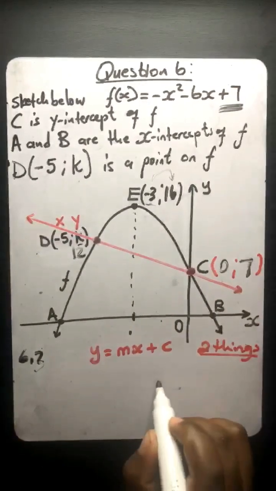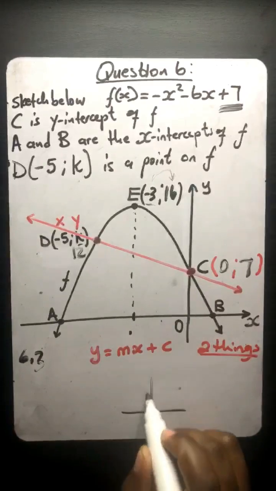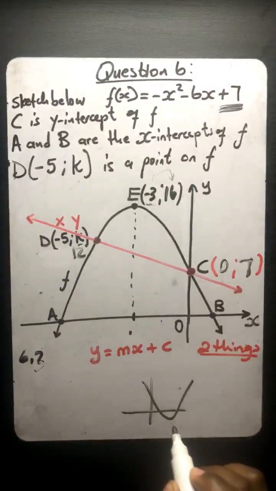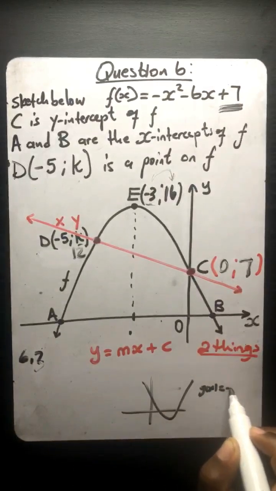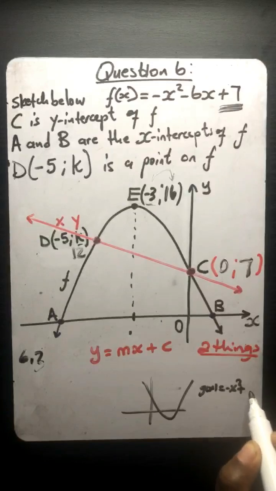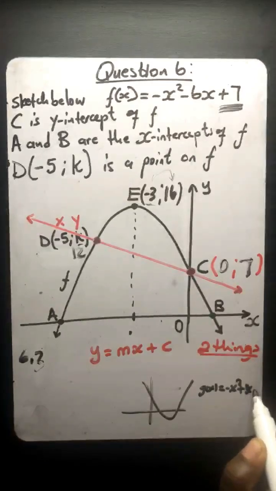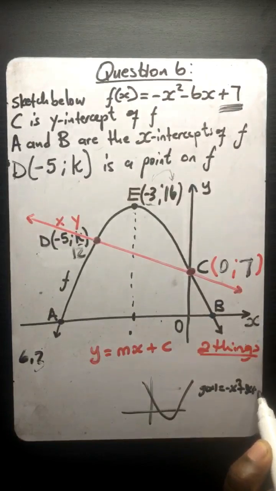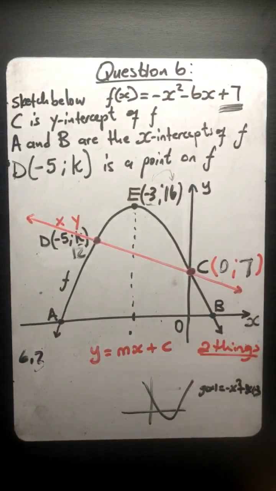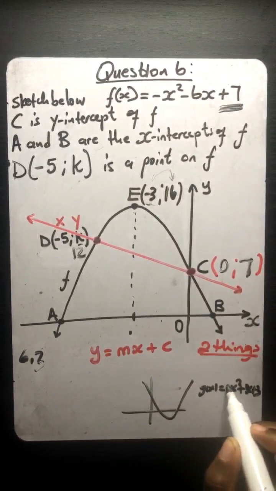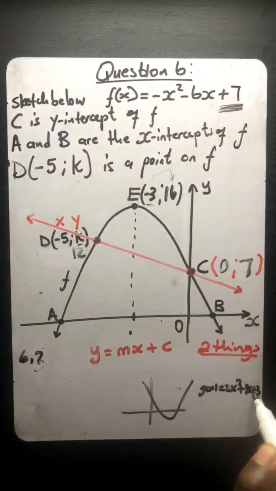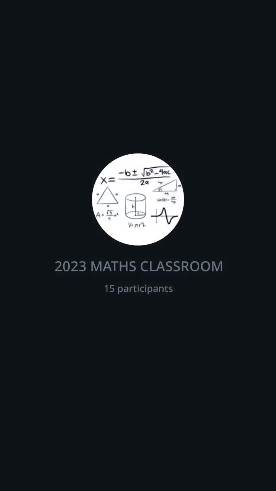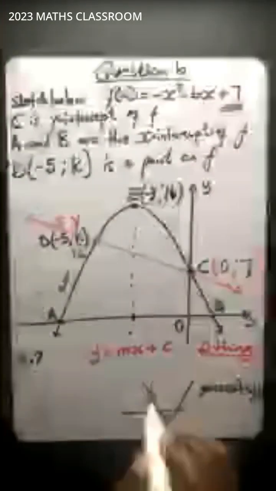For example, if they draw a function, say g of x equals positive 2x squared plus x plus 3, this 3 is that point there.